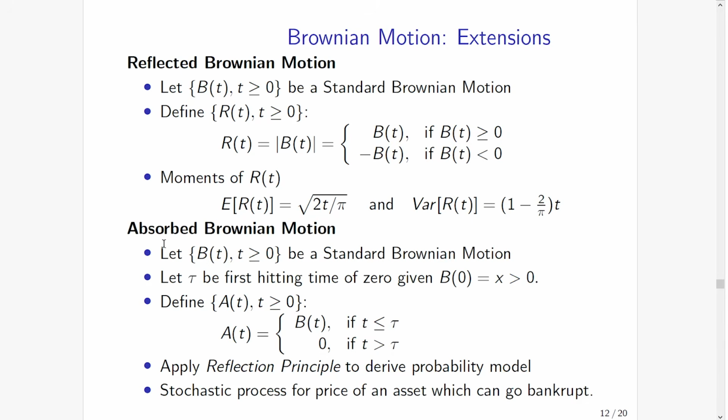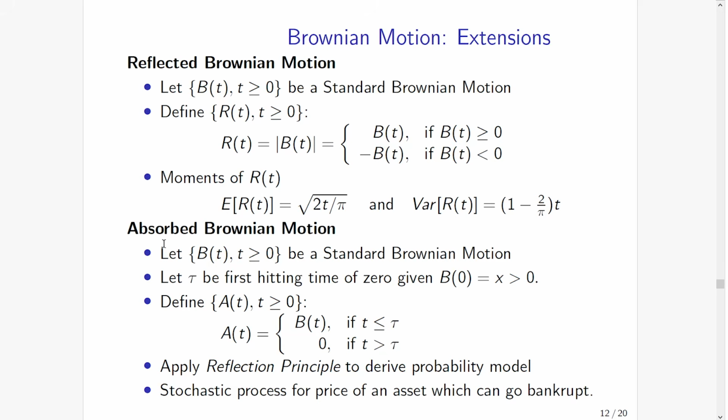And we can also consider absorbed Brownian motion. If we consider tau being the first time the level 0 or a level x is hit, then we can define our process as being equal to the original Brownian motion, b of t, or being 0 for t greater than tau.